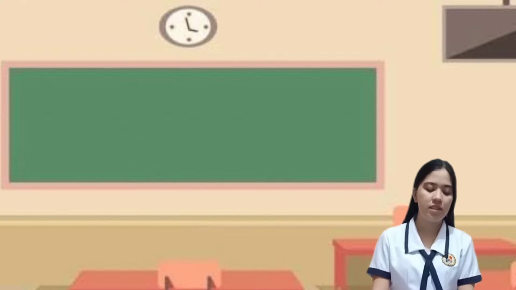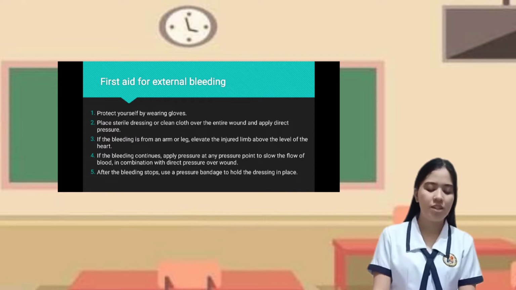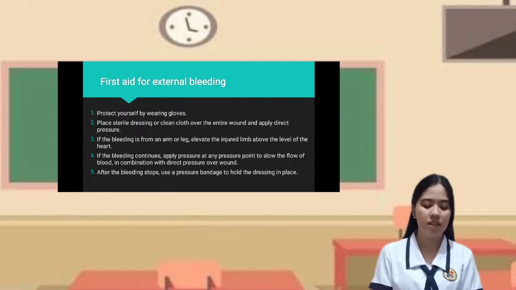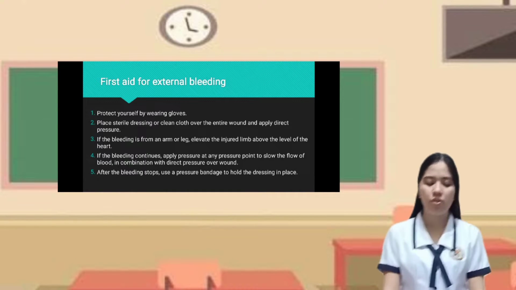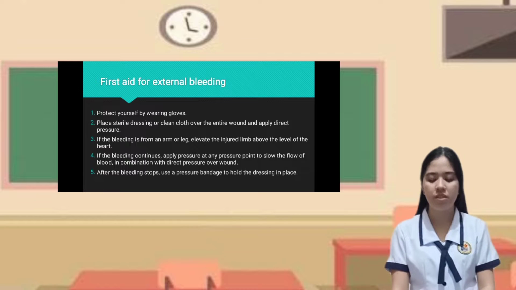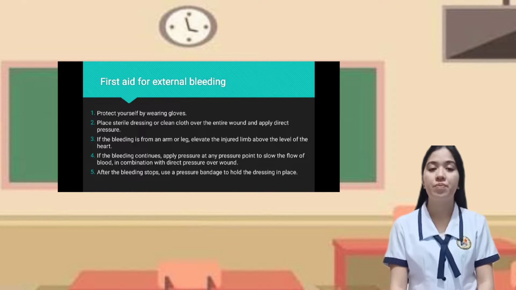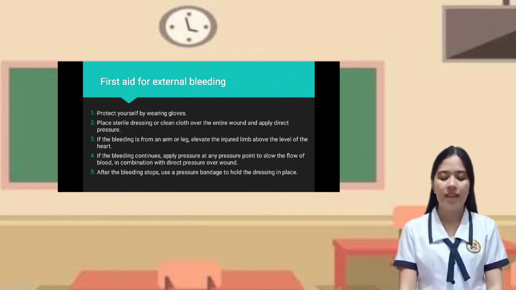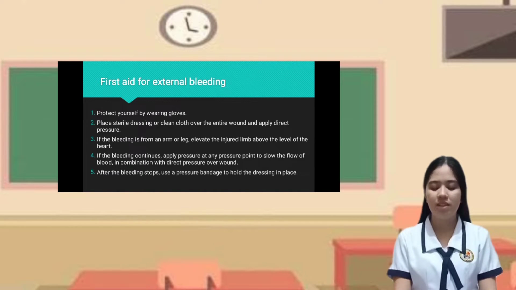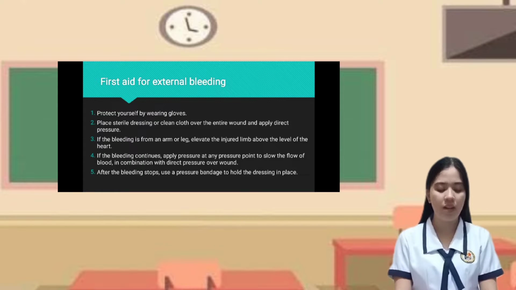So this is the first aid for external bleeding. Number 1, protect yourself by wearing gloves. Number 2, place sterile dressing or clean cloth over the entire wound and apply direct pressure. Number 3, if the bleeding is from an arm or leg, elevate the injured limb above the level of the heart.